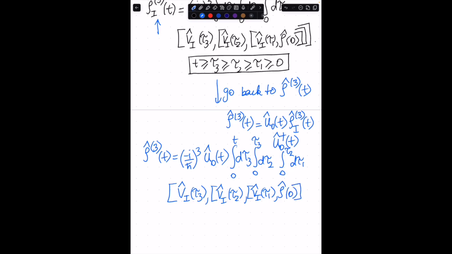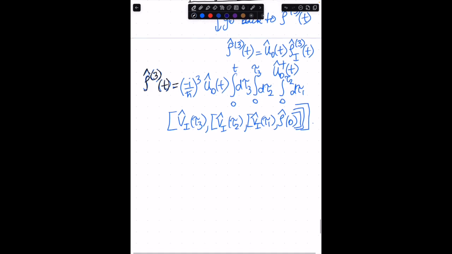So you have three commutators here, which are within each other. So this is your third order density operator term, which will go a long way in calculating the expectation value of the dipole operator, which is the key quantity which you measure in a spectroscopy experiment.